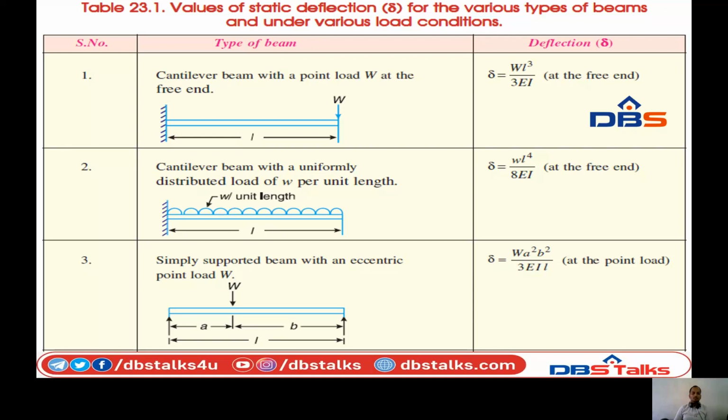Then the third one is a simply supported beam with an eccentric load, which we call a point load.